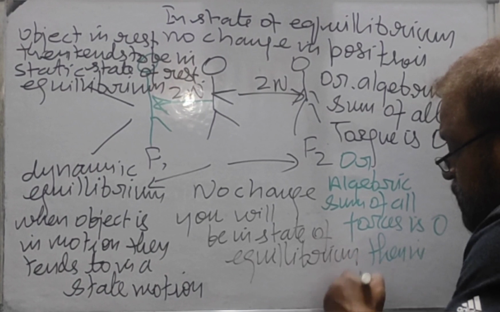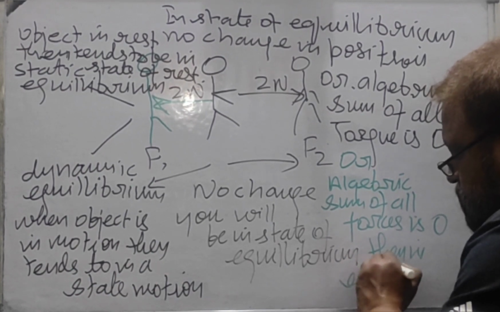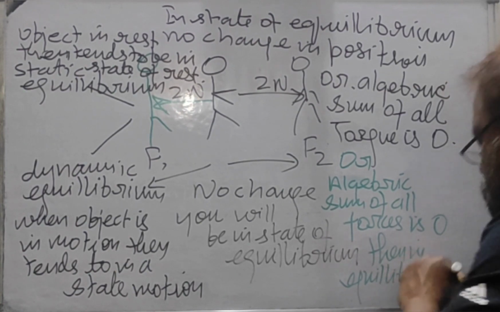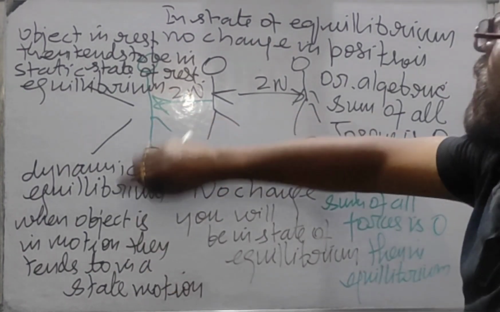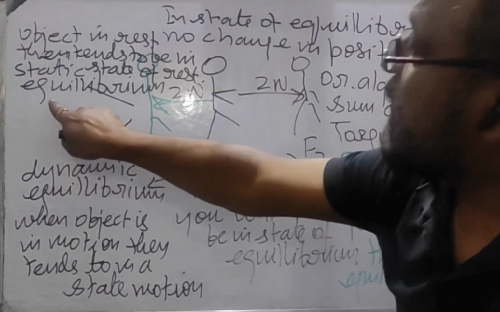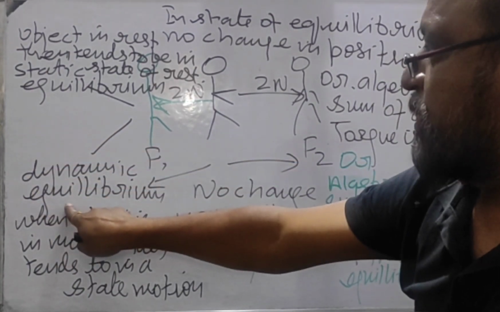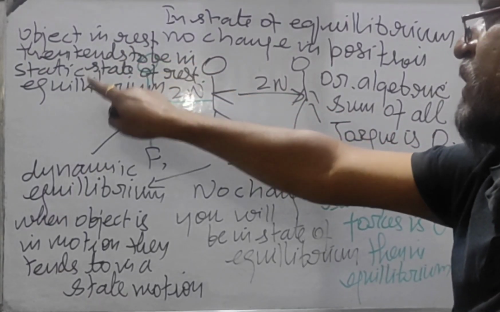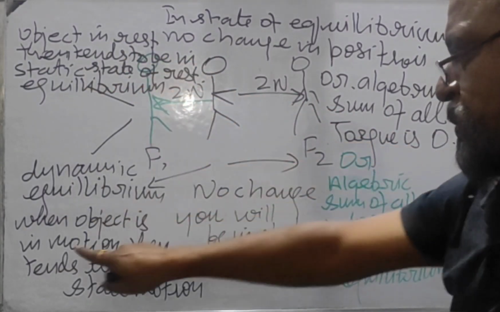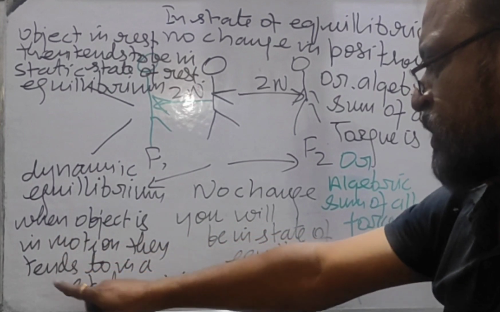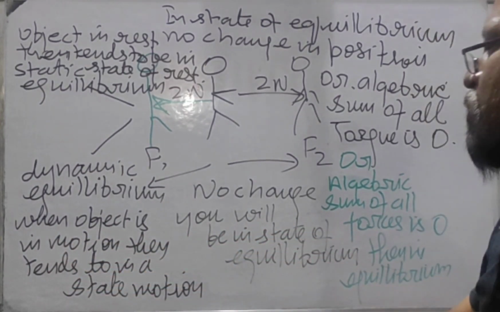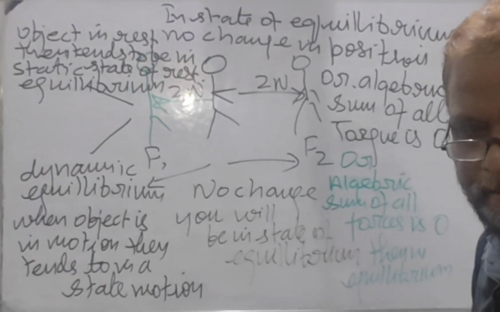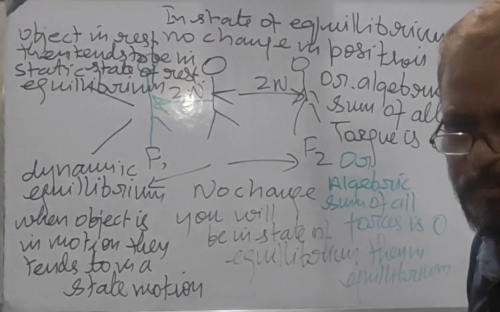Is it visible? And it is of two types. One is static, another one is dynamic. Static equilibrium, when an object is at rest, then it tends to be in a state of rest, and dynamic, when in motion, then it tends to be in a state of motion. I hope this much is written in your book.